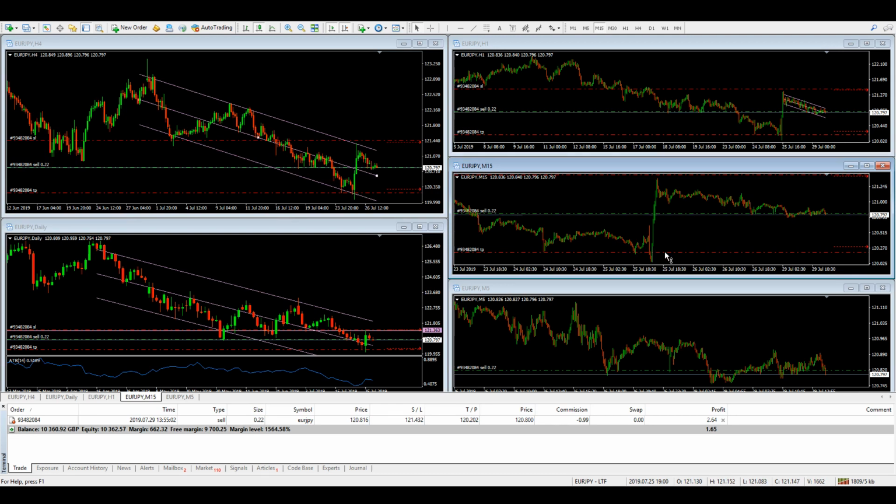What else have we got to see? Okay. Yeah, I'm just trying to think what else we can have a look at. So this is a trade that I've got on for today. Didn't really see anything else in the market that took my fancy.